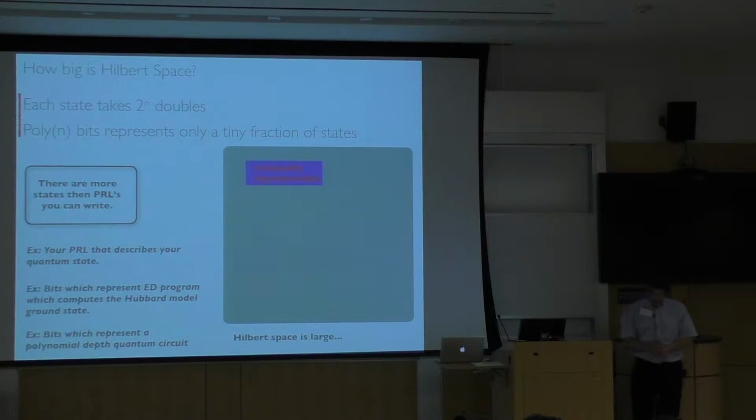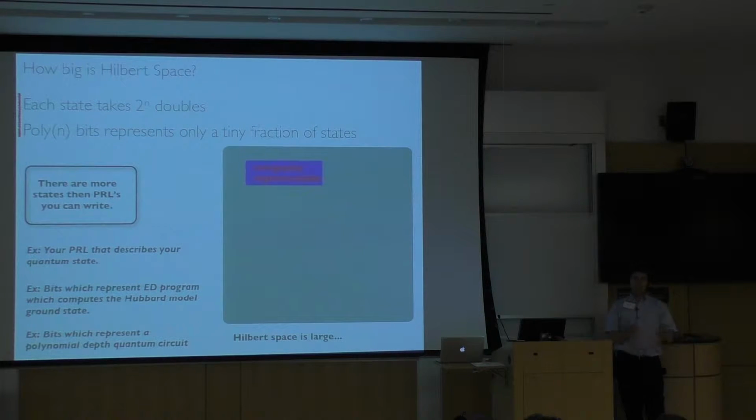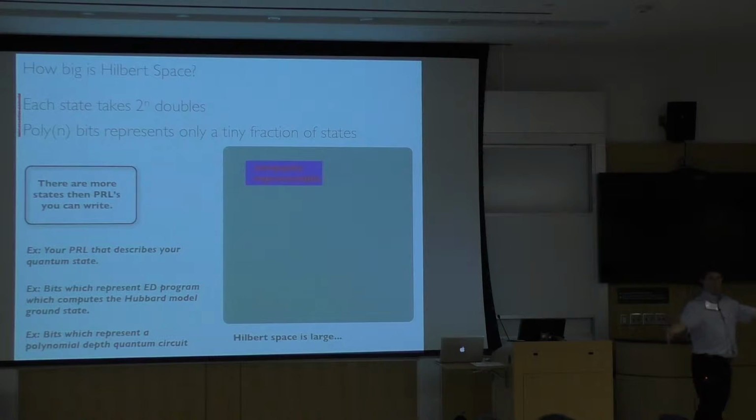In fact, this is a funny point I'm about to make. But even if you ask yourself the question, how many wave functions can you describe in a short time? How many wave functions can you write a PRL about? There are only a very small number of wave functions that you can describe in 4 pages. The Hubbard model I can describe in 4 pages. Maybe I can't solve it, but I can at least describe it, right? I can say it's the ground state of this Hamiltonian.